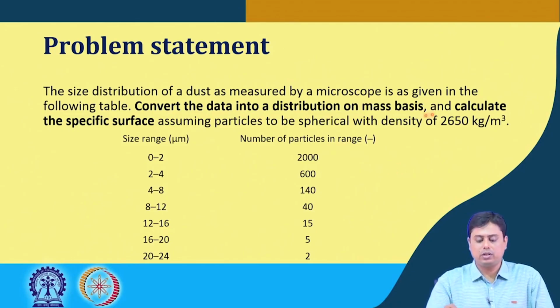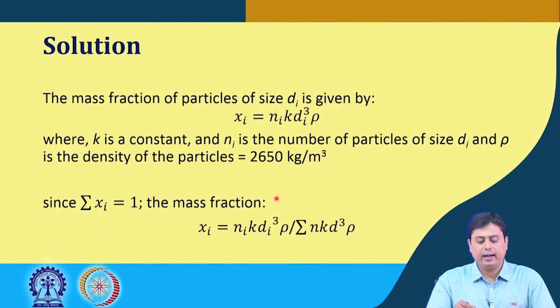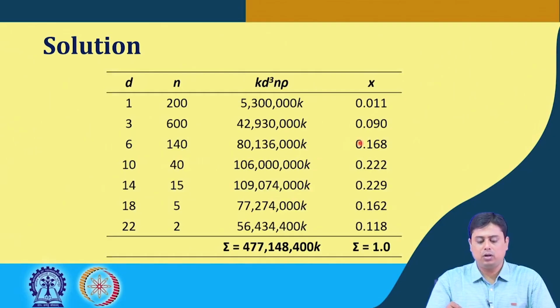Then the question was to calculate specific surface area assuming that all particles are spherical with a known density. So for that, at first we converted that number distribution to mass distribution by following this table, by the known relation of n and x.